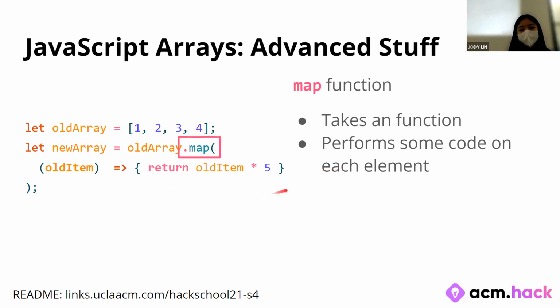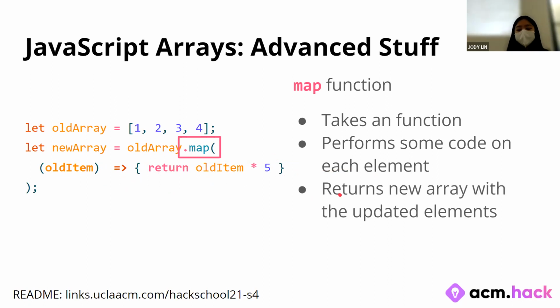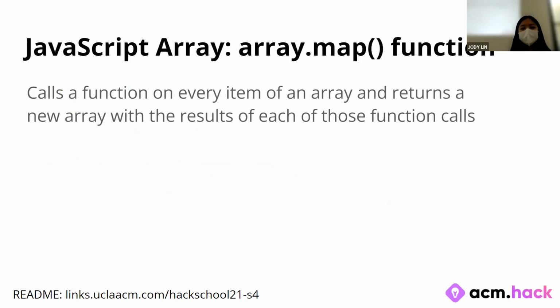So it's going to perform whatever code is in here on each element of the array, and then return a new array with all those new updated elements. Very similar to our for loop, but with really short syntax. As a summary, the array.map function calls a function on every item of an array and returns a new array with the results of each of those function calls.